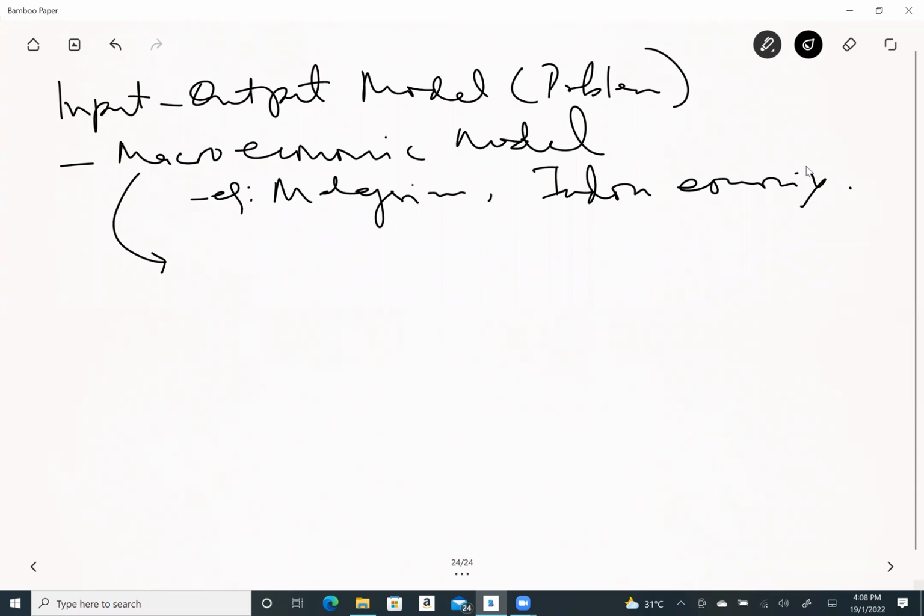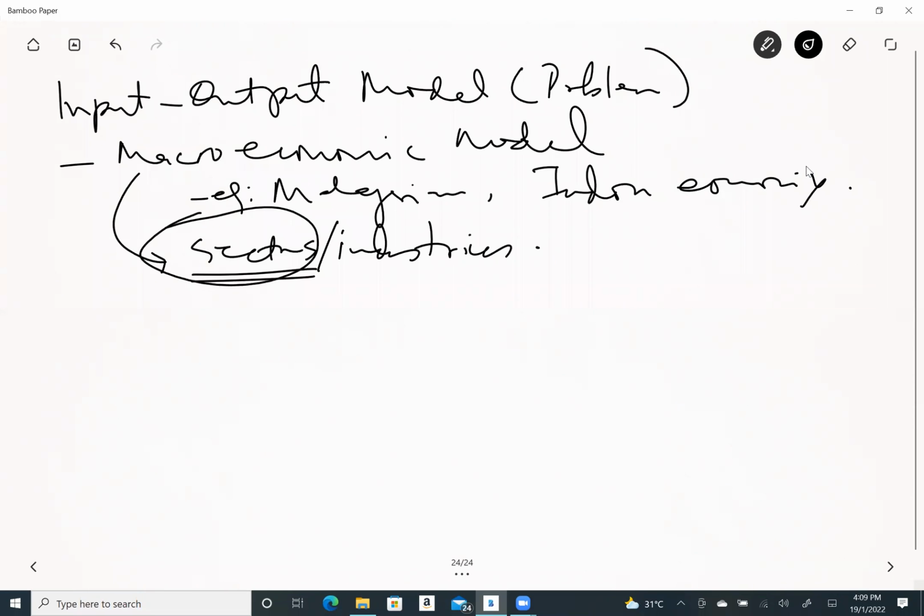We are going to categorize these industries into sectors, or sometimes they call it industries, but sector is more general. That means a few or many similar types of businesses, you put them into one category or one sector. So if you have taken principles of macroeconomics, give me one sector of the economy. Normally, what sector do we always use? Public and private. It's not that kind of sector.